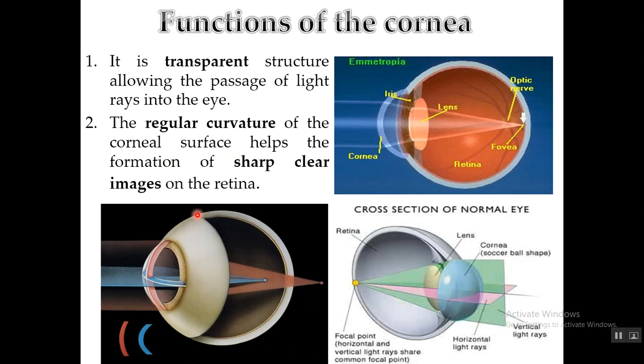Here the surface of the cornea is irregular; this irregular curvature will form 2 images, one in front of the retina and one behind the retina. So number 1, it is transparent to allow the passage of the light. Number 2, it has a regular curvature which will form a sharp, clear image.